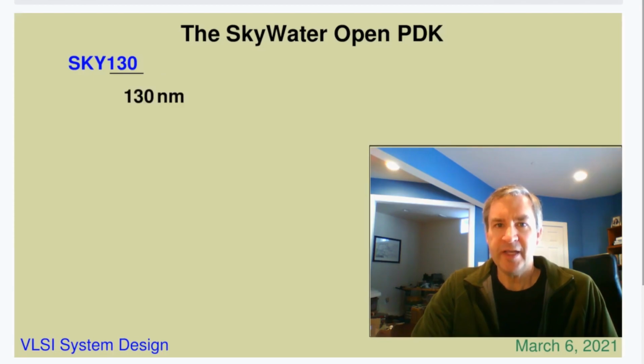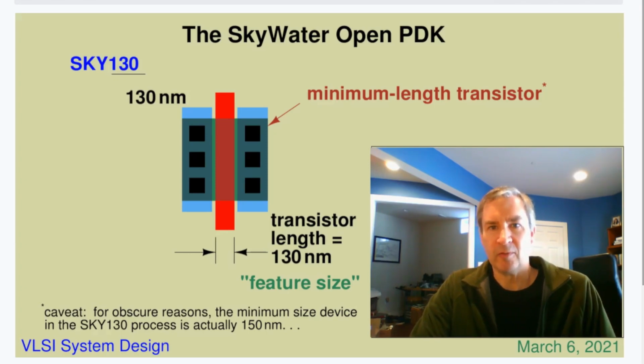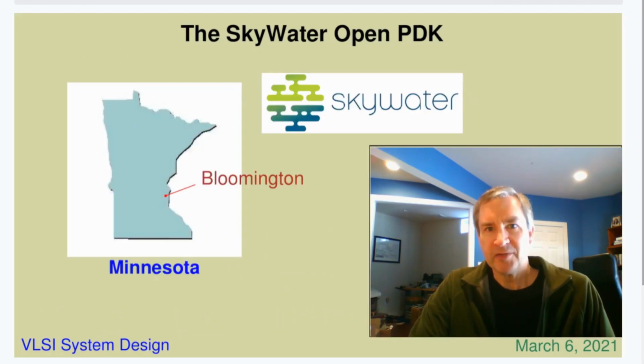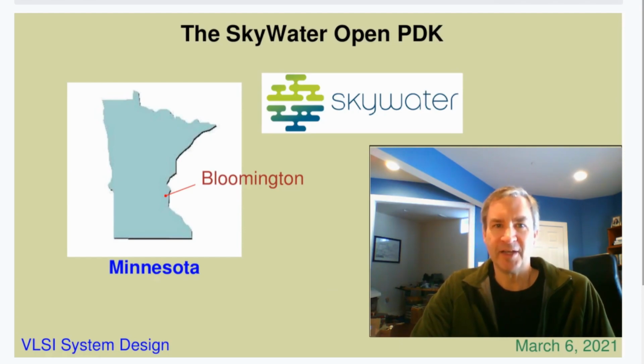The 130 in the name Sky130 refers to the feature size of the process and generally refers to the length of the smallest transistor that can be made in the process, although dimensions of most everything in the process will scale along with the transistors. The name SkyWater refers to the manufacturer, which is the SkyWater Foundry in Minnesota in the United States, up there in the frozen north where I tend not to like to go in the middle of winter.